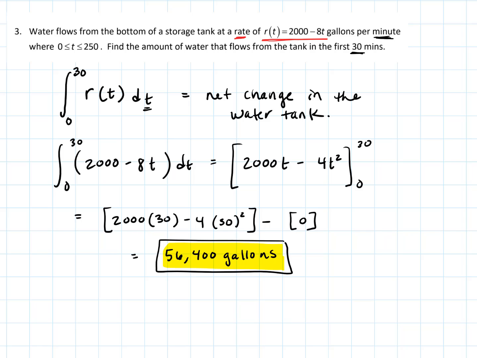Okay, so just taking what we've done and applying it in context now. Taking the fundamental theorem and saying that if we have some context for that derivative as a rate of change, the integral of the derivative from a to b is going to represent the net change of the original function.